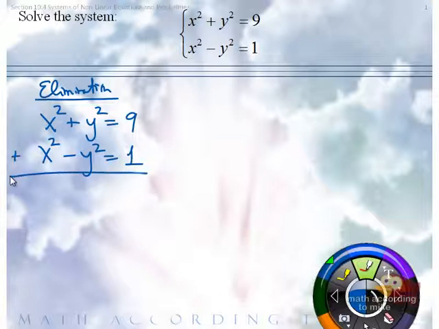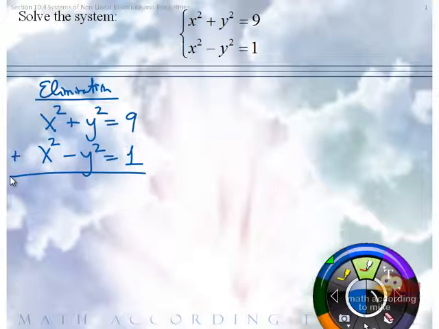Using elimination, remember you just need opposite coefficients, which we already have. The first rule is to multiply one or both equations by non-zero numbers, so that when you add them, a variable goes away. If we straight up add these two, what happens to the y terms? They go away.